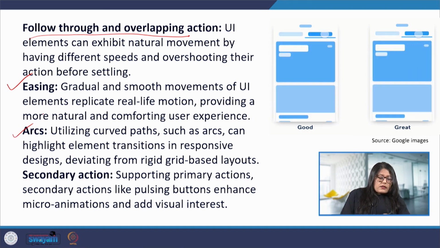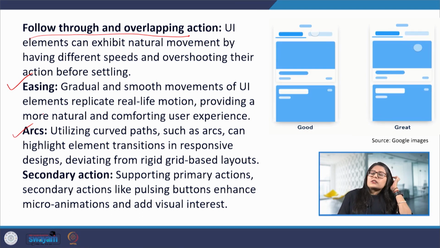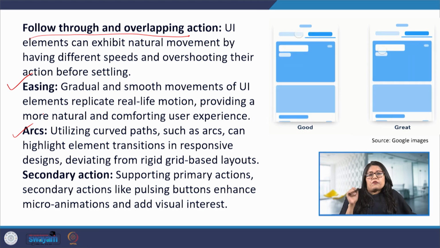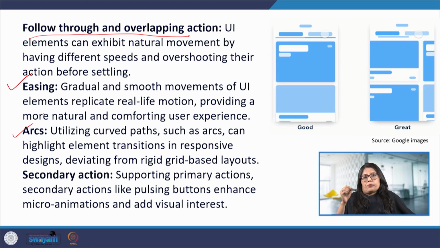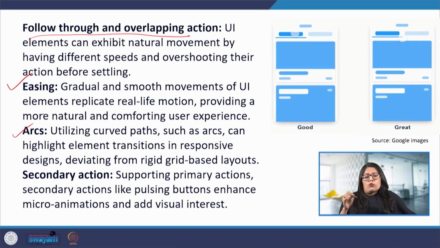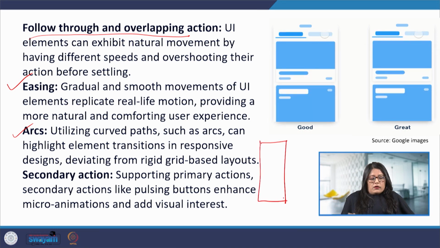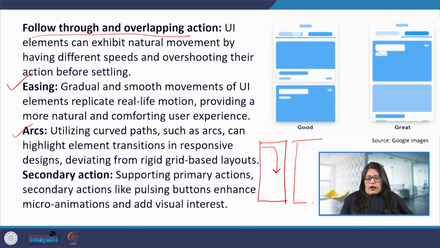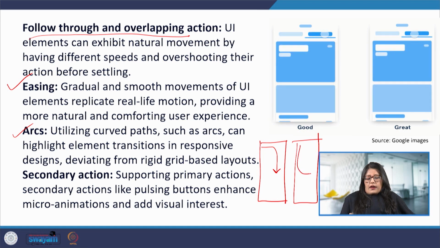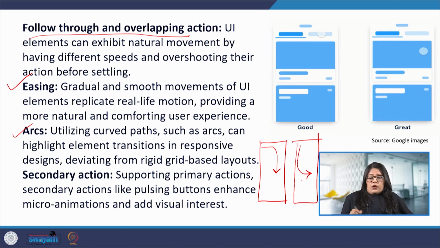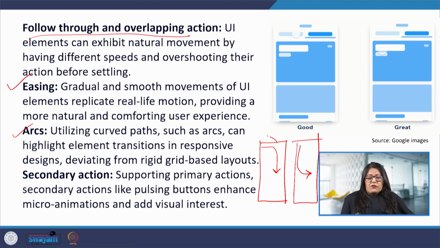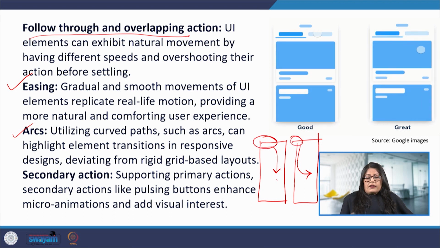The other is the arc, where we use certain paths in the field for the animation to move around. If this is our field, then one arc can be like this, and the other arc can be like this. The object which is originally here now moves along this arc, and then it moves along this arc.